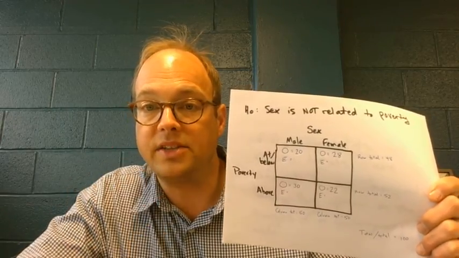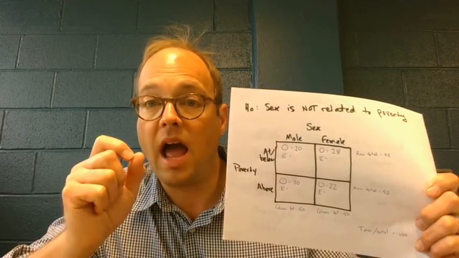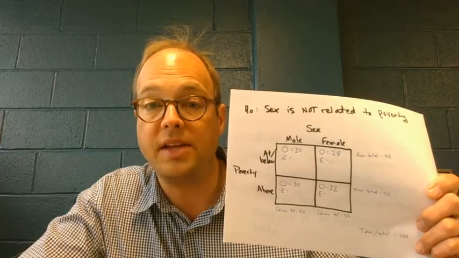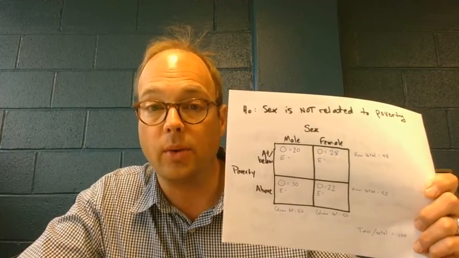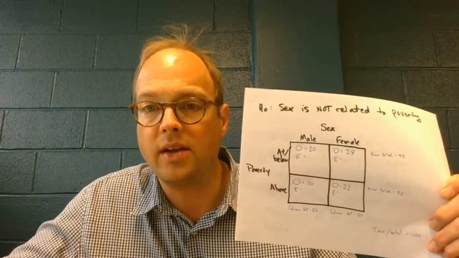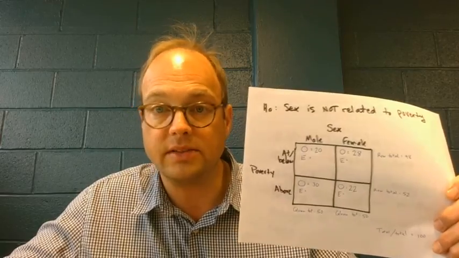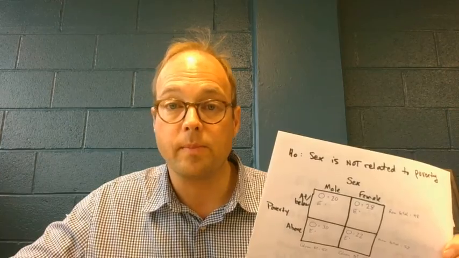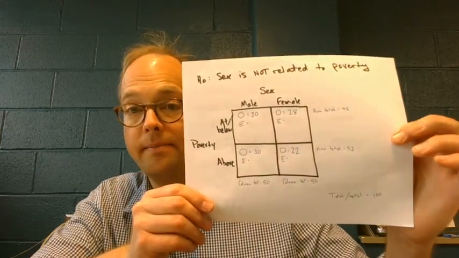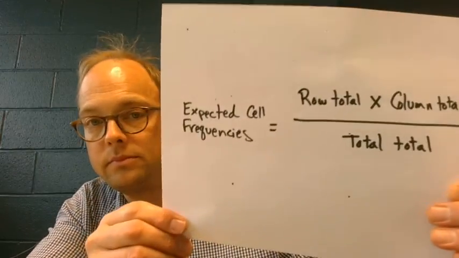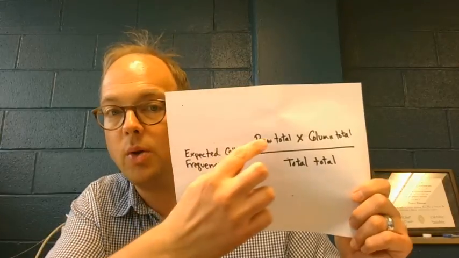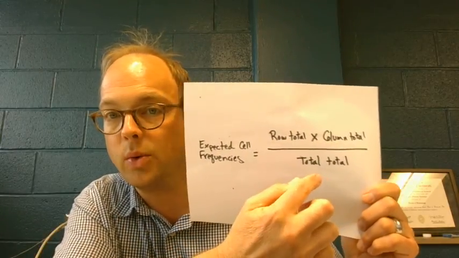The expected cell frequencies are how the data would fall if there is no relationship. So how do we calculate the expected cell frequencies? Well, it's a pretty straightforward formula, but it is a formula that you need to abide by, and the formula is right here. Expected cell frequency equals row total times column total divided by total.